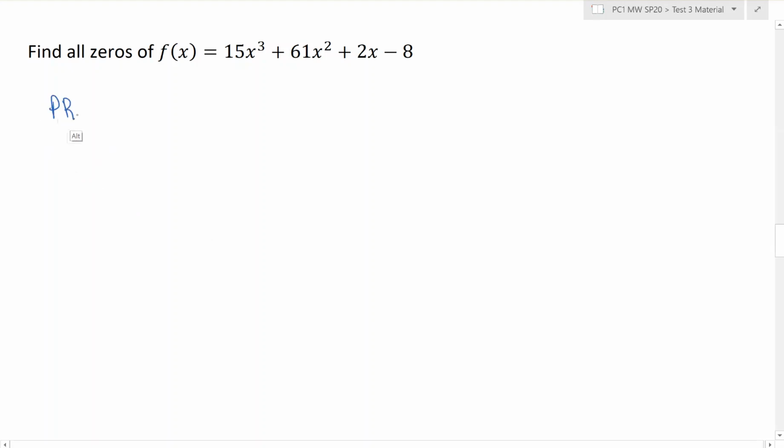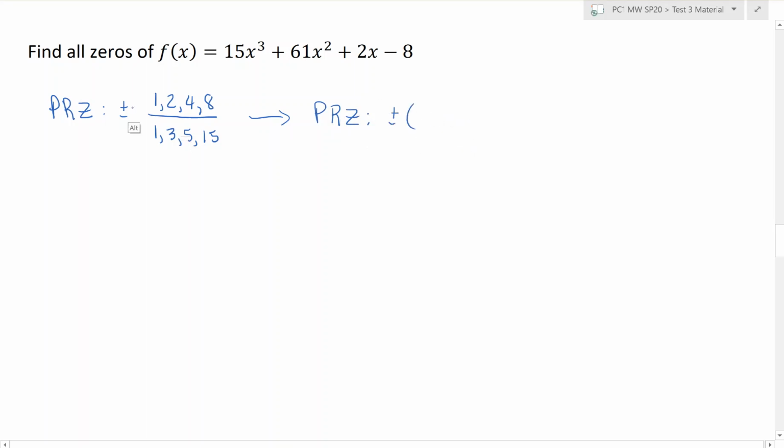So possible rational zeros: plus or minus factors of the last, so plus or minus 1, 2, 4, 8, divided by factors of the leading coefficient, the factors of the first, 1, 3, 5, 15. Okay, and then go ahead and give a simplified list, your possible rational zeros.